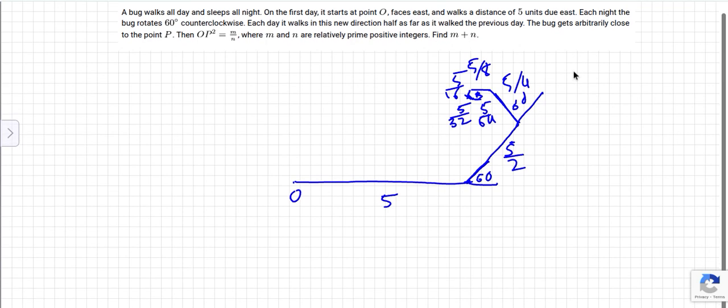And we see that it's going to be just a dilation of our first 6 steps by a factor of 5 over 64. So if we can just find the total change in y and change in x for our first 6 steps, then we can just use this ratio and use a geometric series to find the total change in x and change in y for all of the rotations.